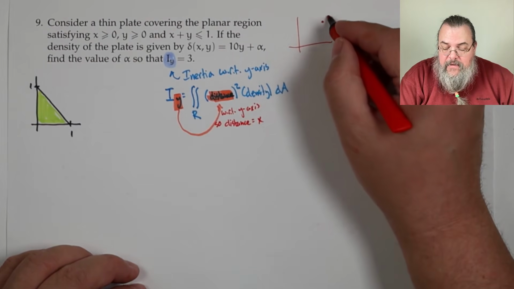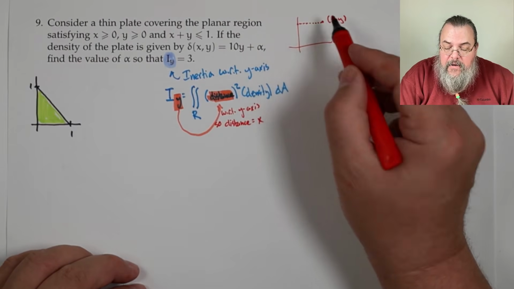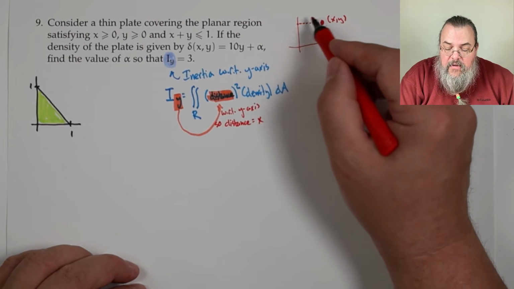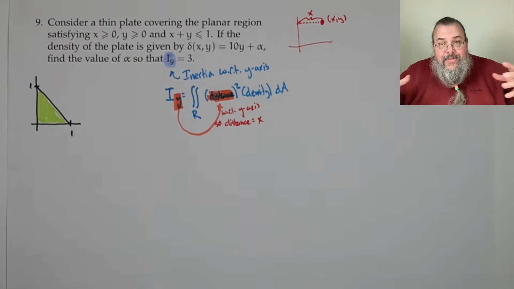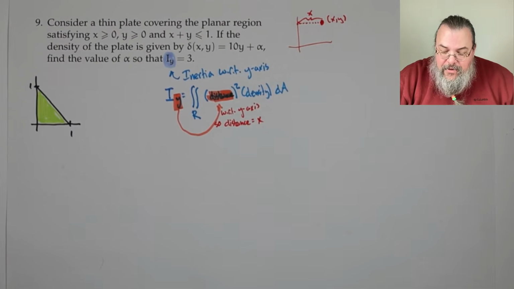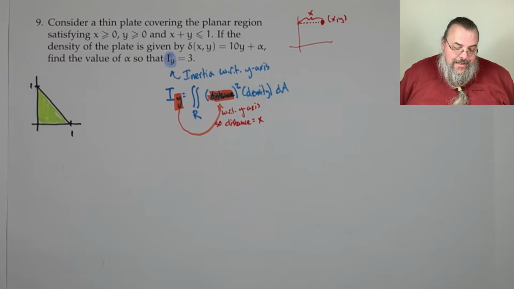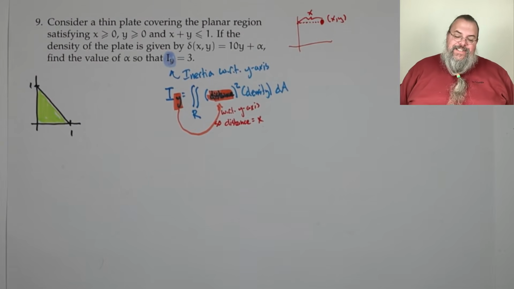If I have x comma y, how far am I from the y-axis? Well, it's x far away. x is how far out you go. And so you say, oh, okay.